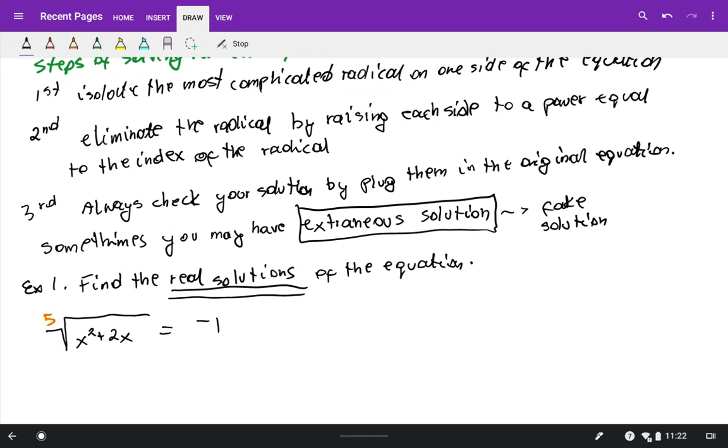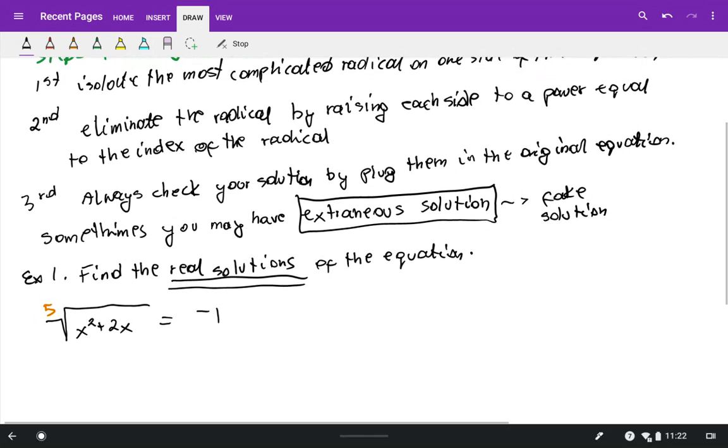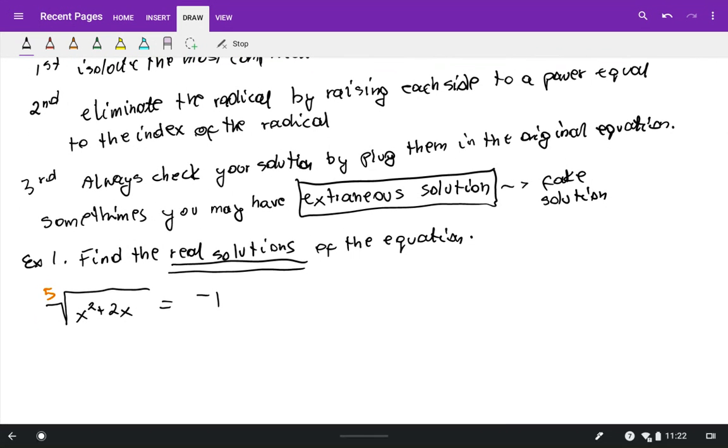First, I'm going to follow the steps which I gave you. We need to isolate the most complicated radical on one side, and that's already taken care of. Second step, eliminate the radical by raising each side to the power equal to the index. In our case, the index is 5, so we raise each side to the 5th power.